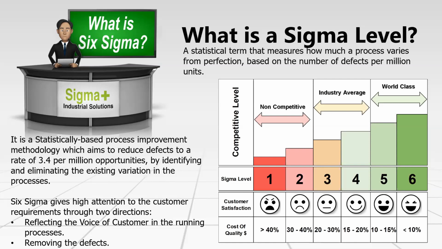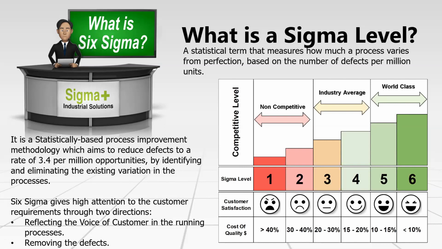And the higher the level of the Six Sigma, the higher the customer satisfaction, with the lowest rate of cost of quality. In case the Sigma level is the lowest, 1 as an example, we should have a cost of poor quality of more than 40% of the annual sales.